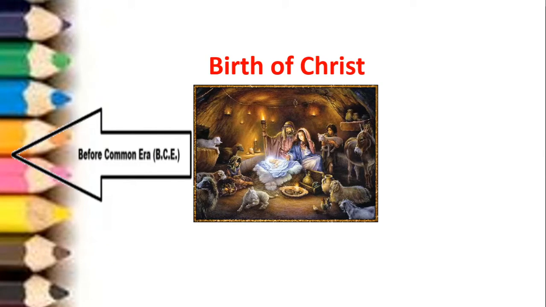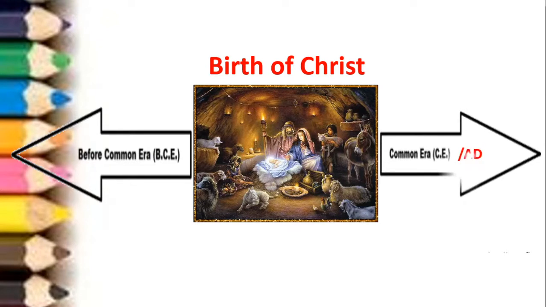And whatever things happened after the birth of Christ, we call it CE or the Common Era, and we also call it AD. These are the same things, only names are different. So we say Common Era or we say AD, that is Anno Domini, which means the year of the Lord.